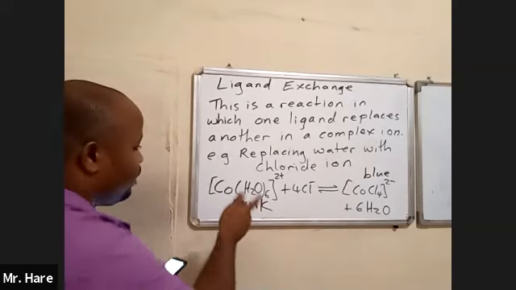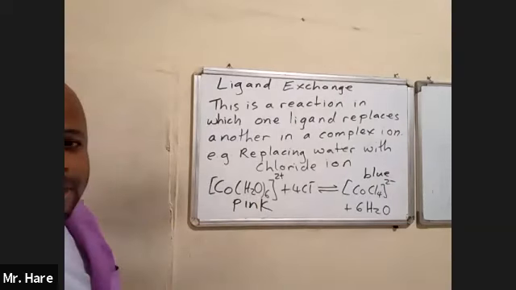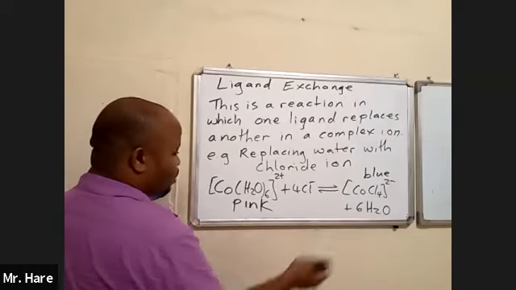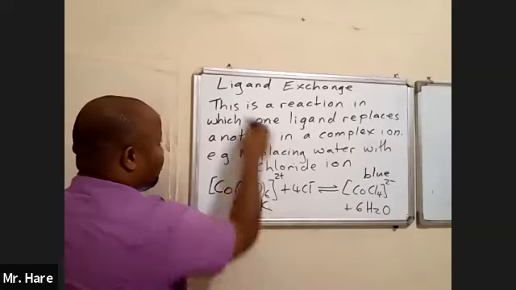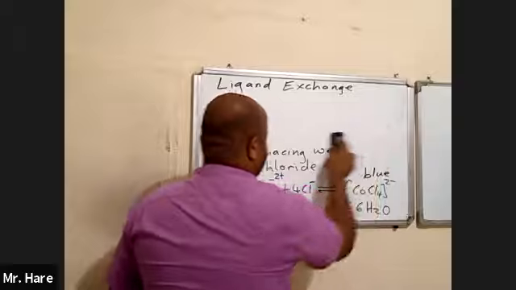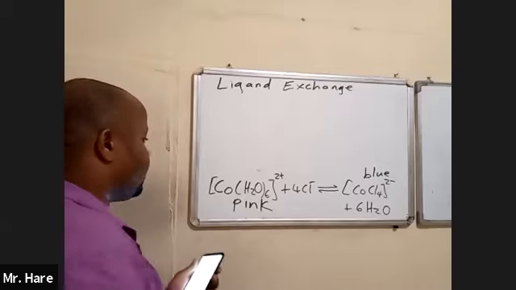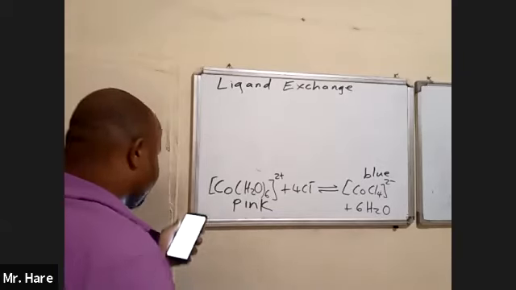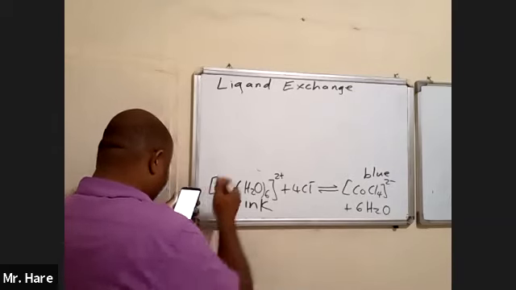It's the same thing: all we're going to do is replace the water with chloride ions. And the source of the chloride ion, as I said earlier, is hydrochloric acid.